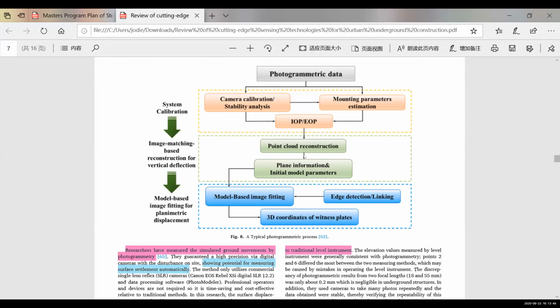First they measured with close-range photogrammetry and then compared it with the traditional level instrument. And this figure shows the comparison between these two techniques. The gray line is the level instrument and the others are from the photogrammetry.